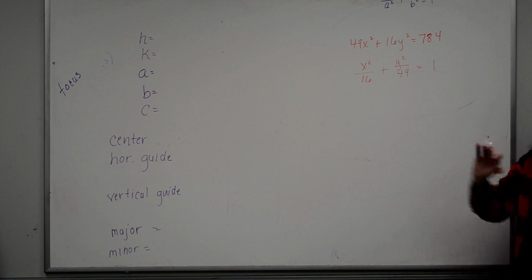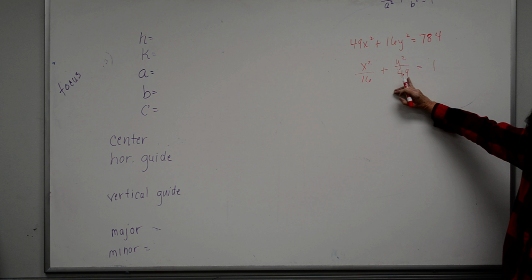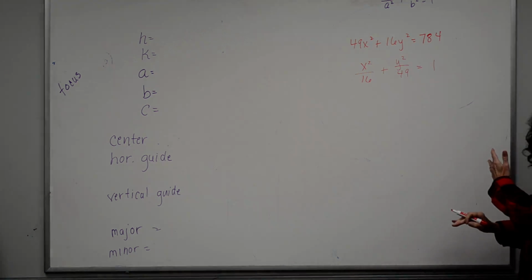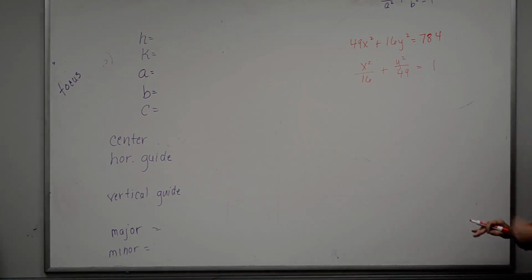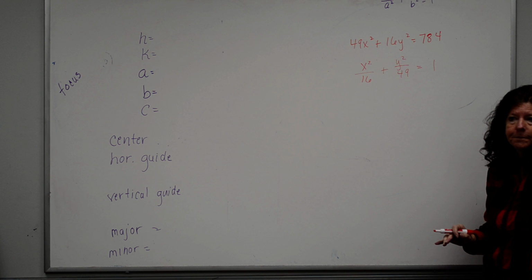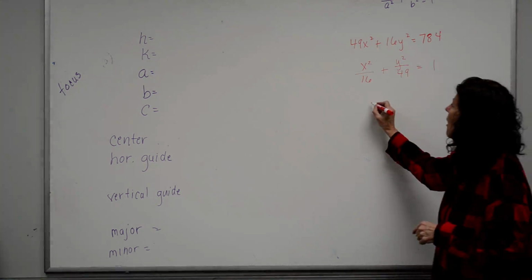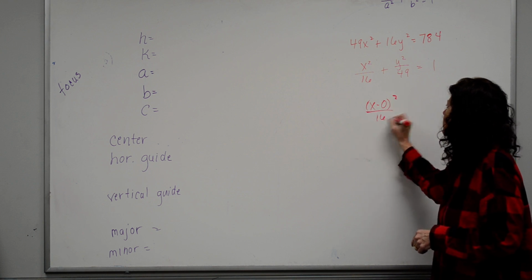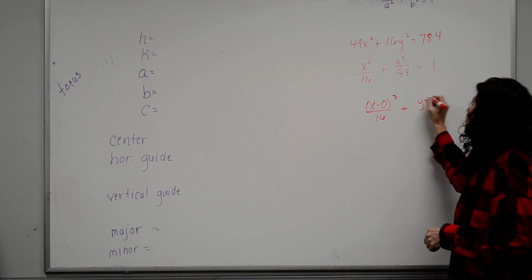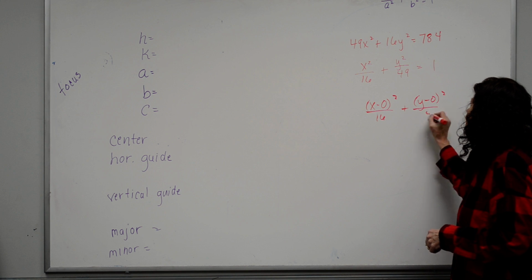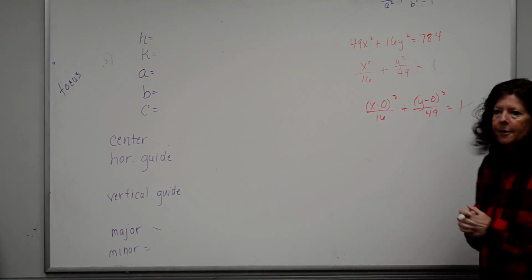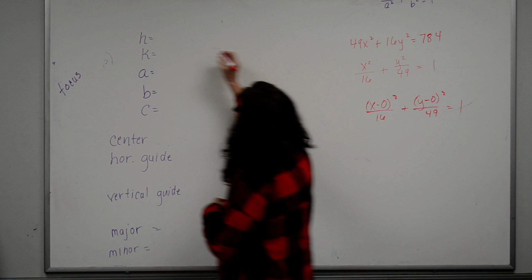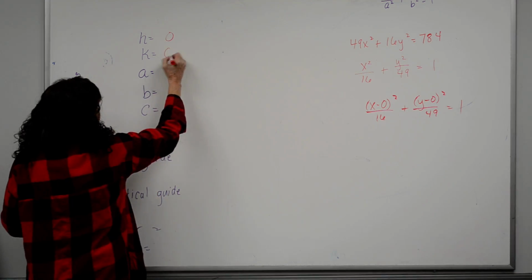Vertical, because the larger number is under the y. So again, we're on the right-hand side of the page. Where's my center point? 0, 0, because I could write this like that. So h is 0, k is 0.